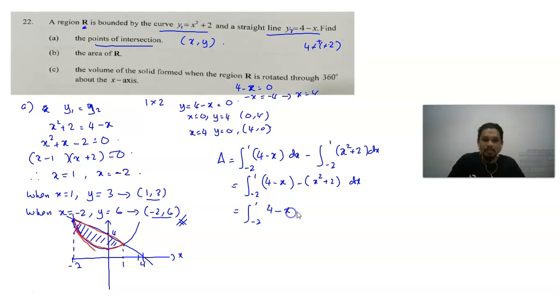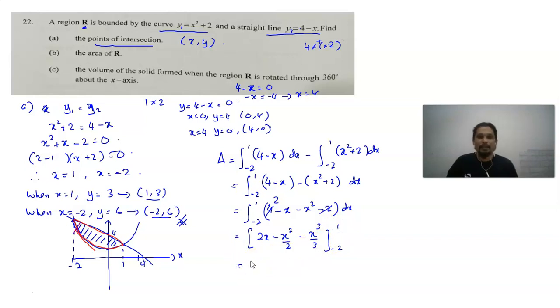So 4 minus x, negative times x squared is minus x squared, negative times 2 is minus 2, dx. 4 minus 2 equal to 2. So integrating one by one, we come up with 2x minus x squared over 2 minus x cubed divided by 3, from negative 2 until 1.